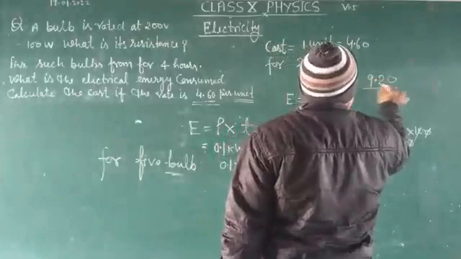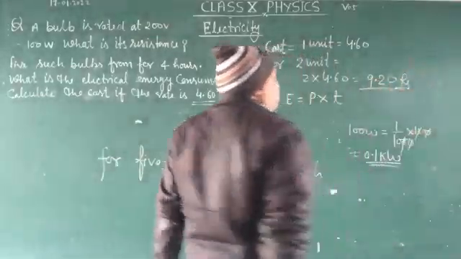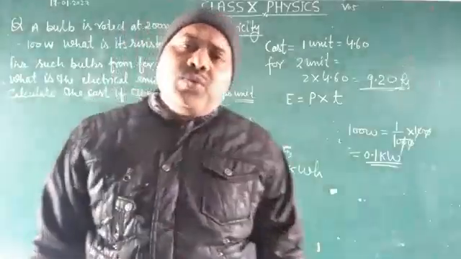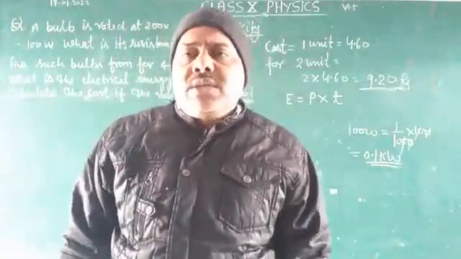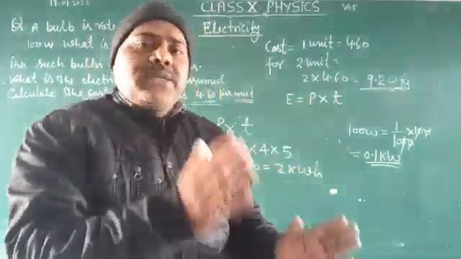Decimal at 2 places, 9 rupees 20 paise. It means here 9.20 rupees.